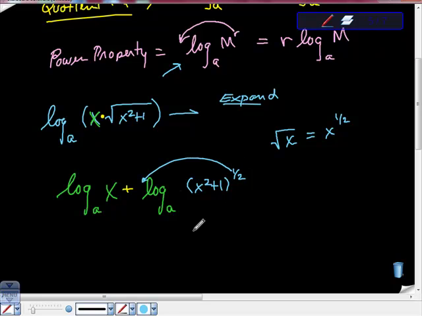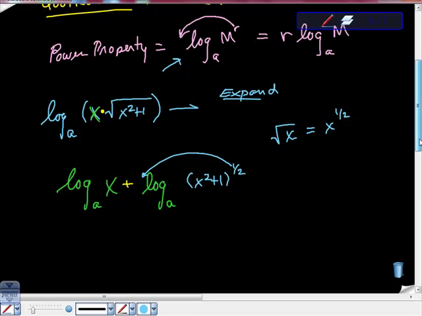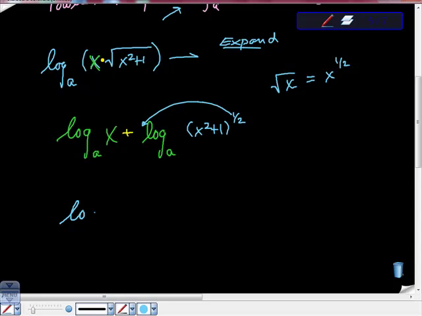So the answer should come out as log base A of x plus 1/2 log base A of x squared plus 1. And where did this square root go? Remember, we turned it into a rational exponent and rolled it back using the third rule.